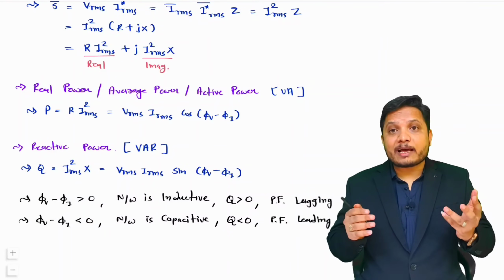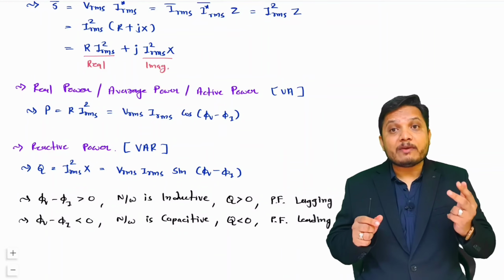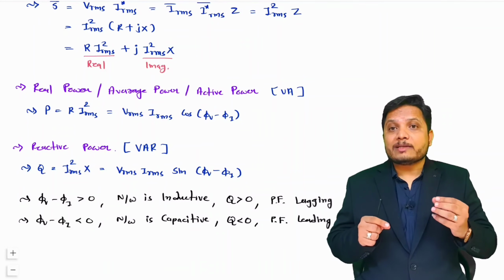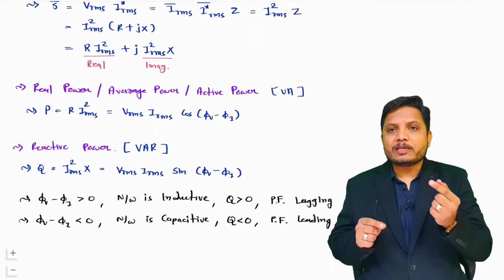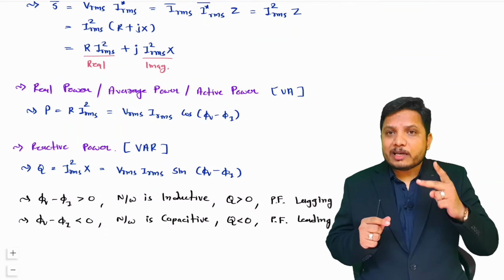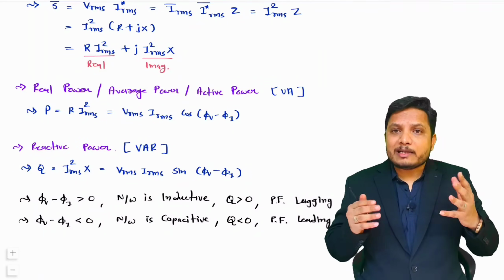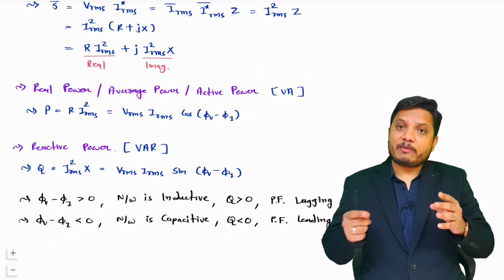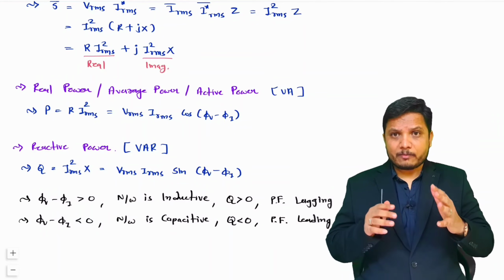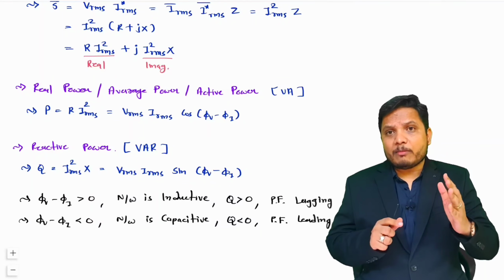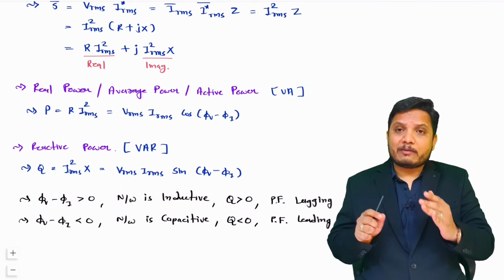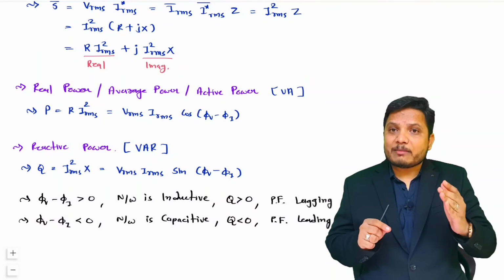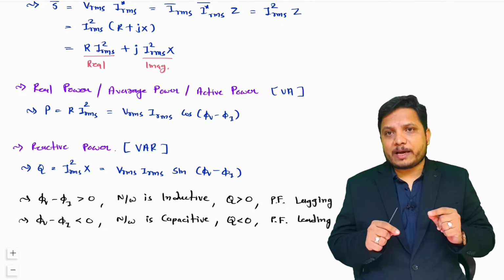It is simply Vrms Irms cos of phi V minus phi I, or cos phi only, where you just need to see whether voltage is leading with respect to current or current is leading with respect to voltage. If voltage is leading with respect to current, then the power factor will be lagging. And reactive power will be Vrms Irms sine of phi V minus phi I.